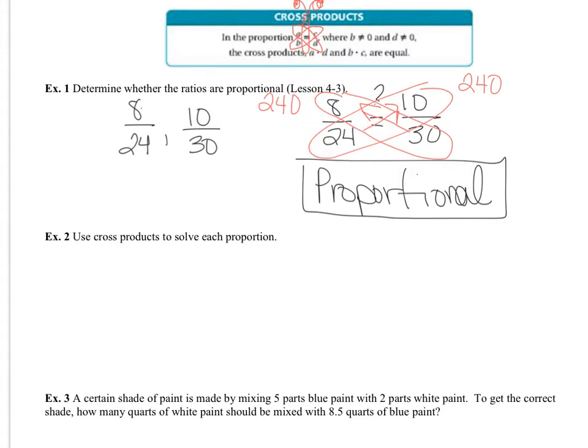All right, so I'm going to have you go ahead and pause the video, and I want you to try the next one on your own. You are going to need to compare 18 20ths and 18 180ths. So tell me whether or not they're a proportion and which one's bigger. All right.